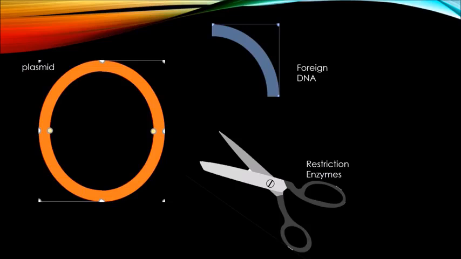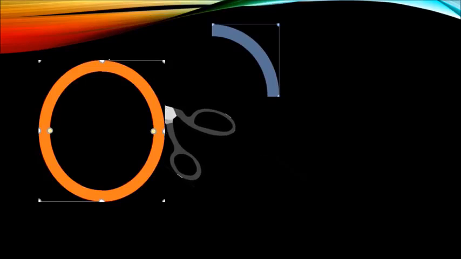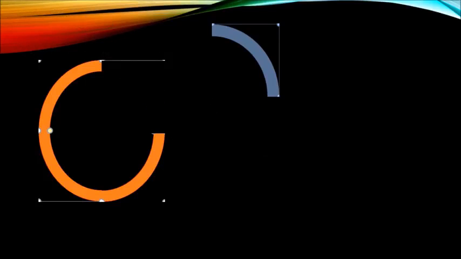The hollow orange circle represents plasmids, while the scissors represent restriction enzymes, and the other one represents the foreign DNA strand that was cut by restriction enzymes. First, the restriction enzymes cut through the plasmid. The foreign DNA then will come and connect to the plasmid.